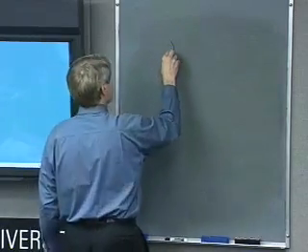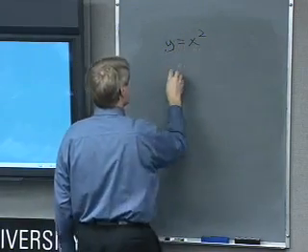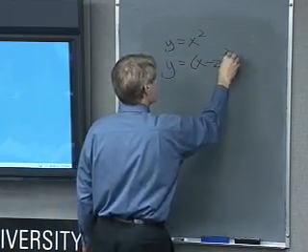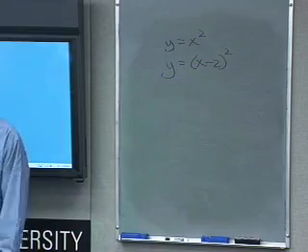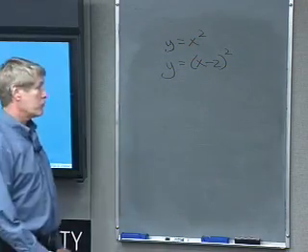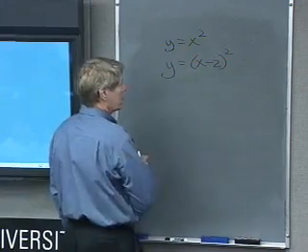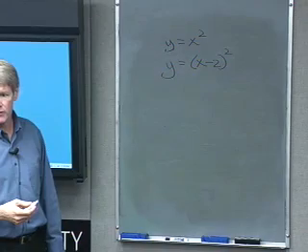So why, if this is our old friend, what about that? Well, according to this review area here, the fact that we've subtracted 2 from every x value before we square it has the net effect of shifting it, what's it say?